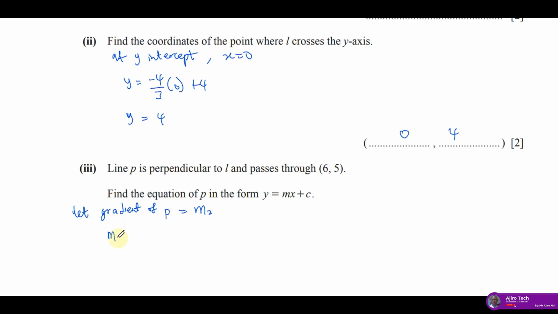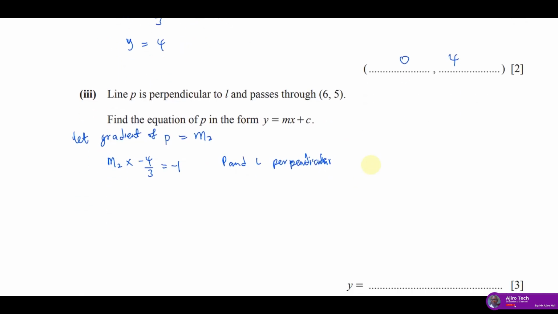So the gradient of P, m2, multiplied by the gradient of line L, minus 4/3, should give us -1, since P and L are perpendicular. In that case, m2 should be -1 times 3/-4, which gives 3/4.